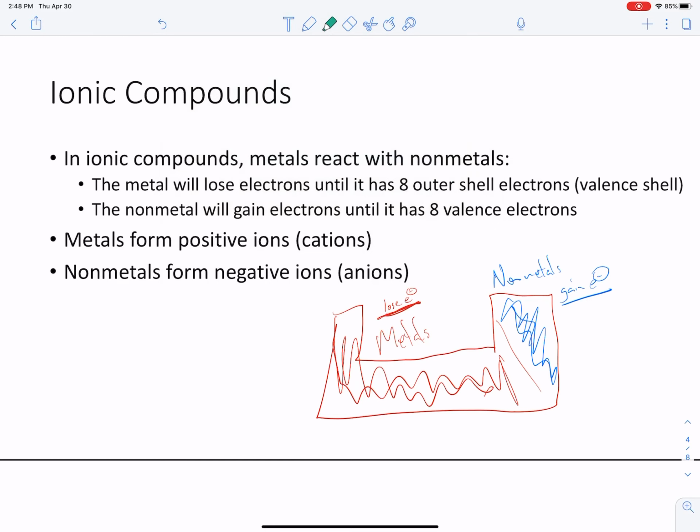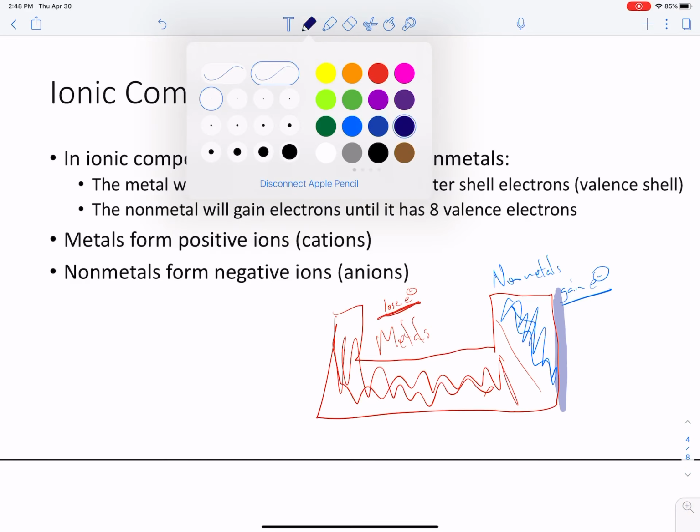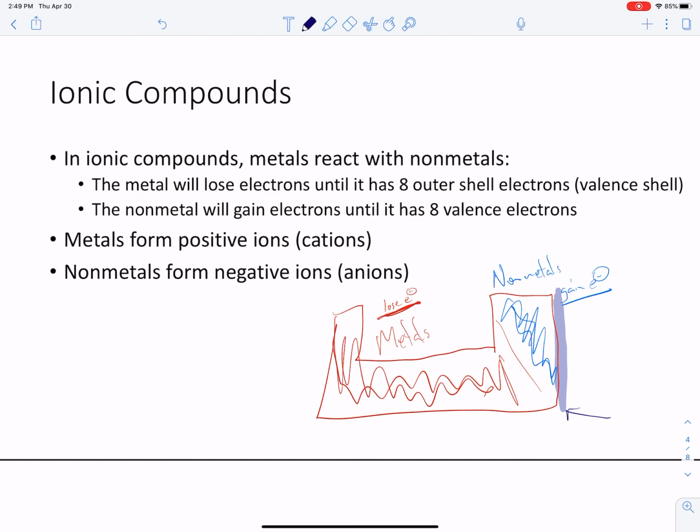They're trying to look like these noble gases right here, right? So they need to look like these noble gases. And how do they do that? They got to find 8 electrons. And they put these 8 electrons in their outer shell, or their valence shell.